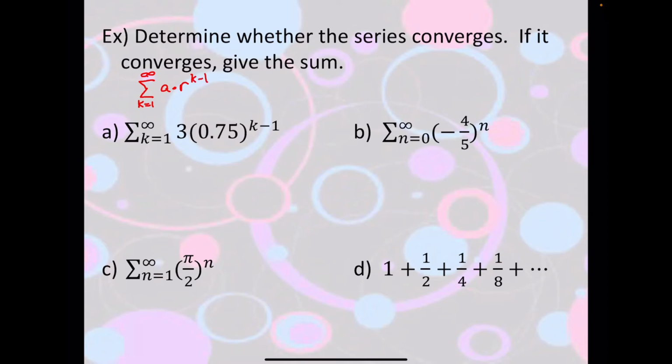All right, so if you take a look at A, we're going to know if it converges if the absolute value of r, the common ratio, is less than 1. So we can see that r is 0.75. So 0.75 is less than 1. Okay, so that means it converges.